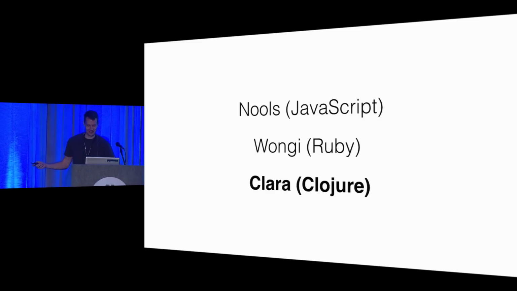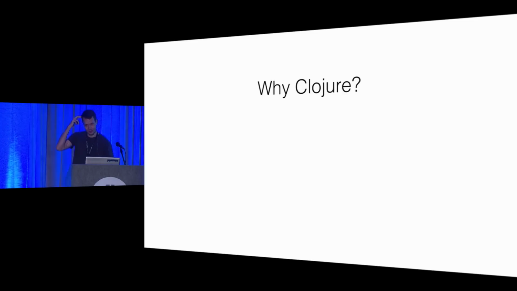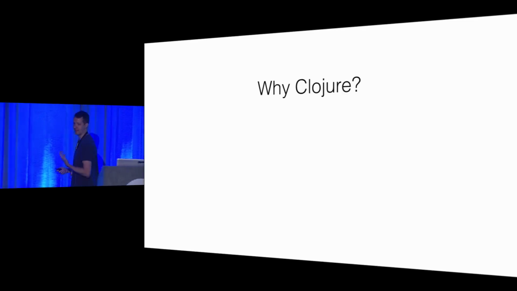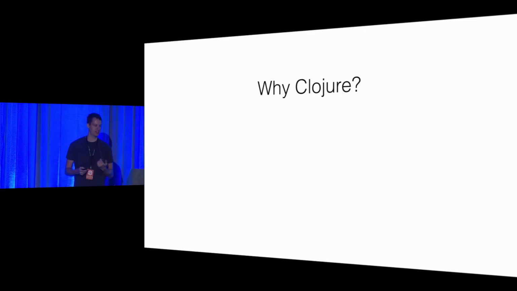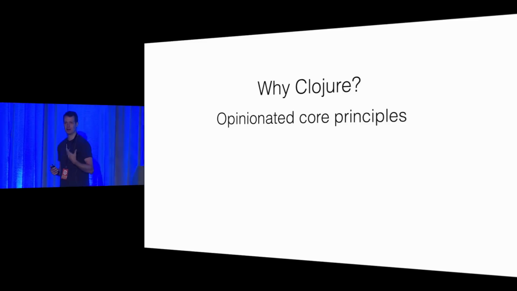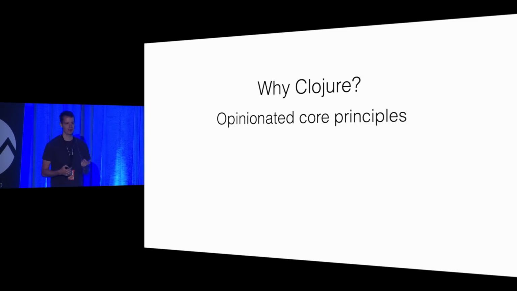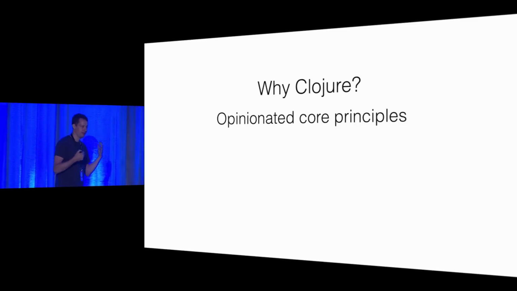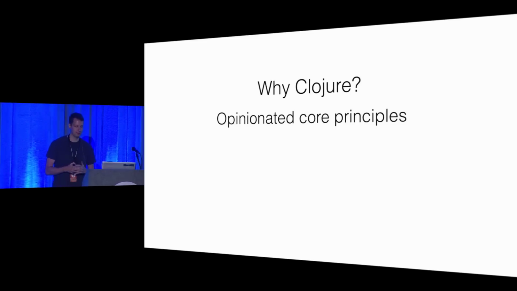So the next question is, why Clojure? Why is Clojure a good tool to tackle this kind of problem? And there's a couple reasons. One is that Clojure has really strong, opinionated core principles in terms of how the state space of systems can be managed. It's very opinionated about things like immutability. And so there's a strong basis there.